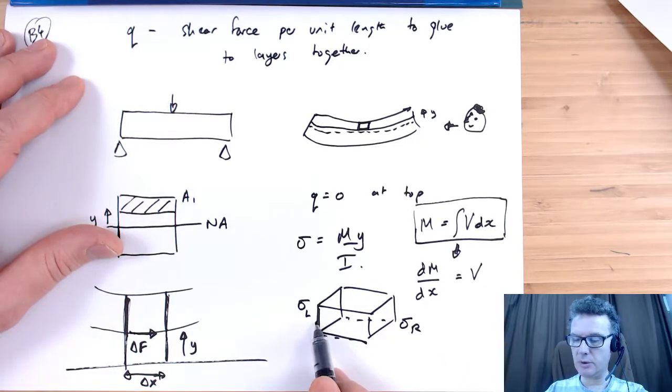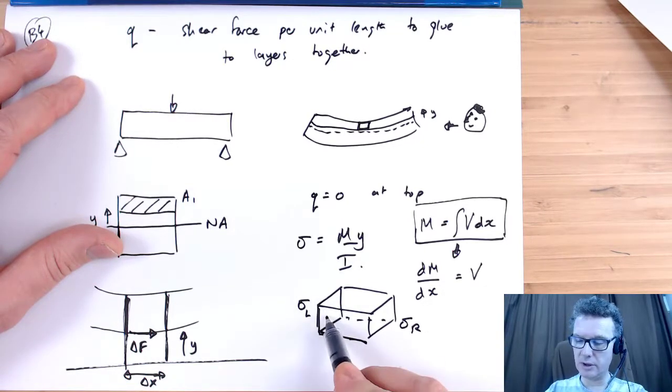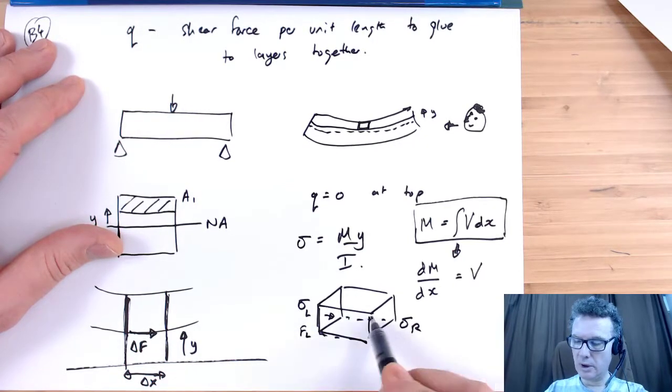So if I integrate this, it will give me a force here, force L, and integrate over this area, it'll give me force R, and the delta force is going to be my gluing force at the bottom.